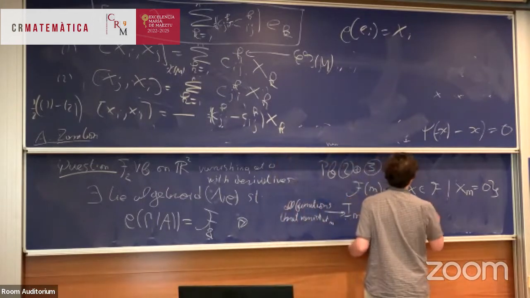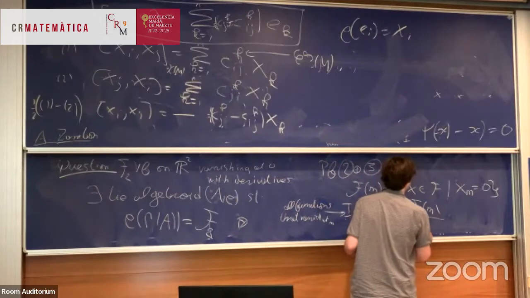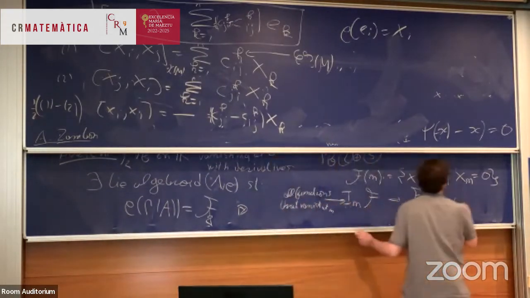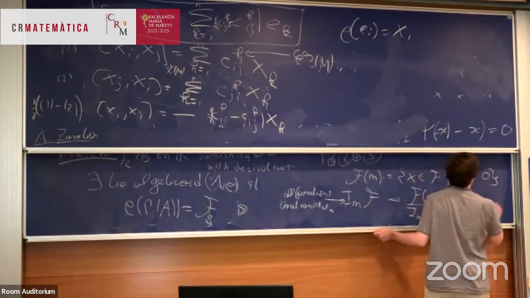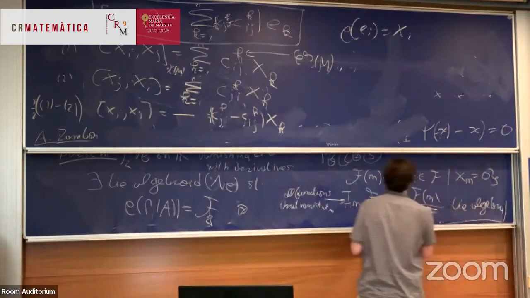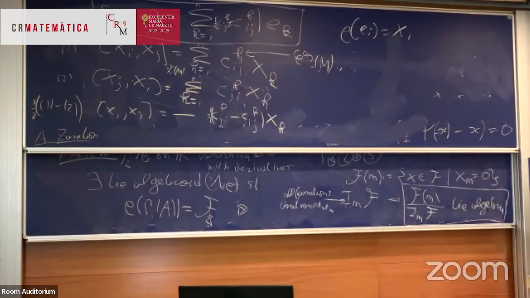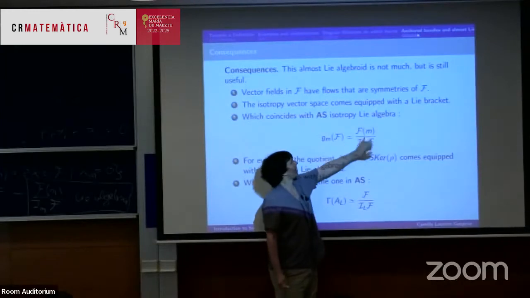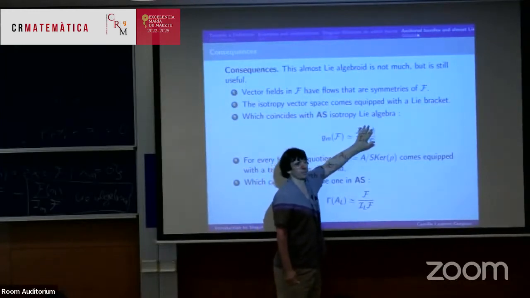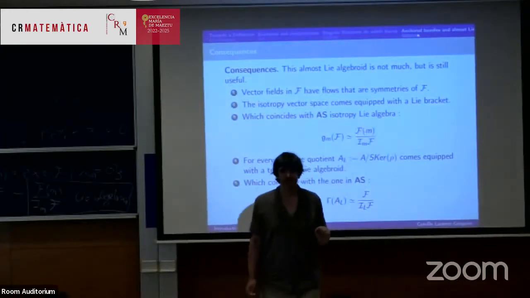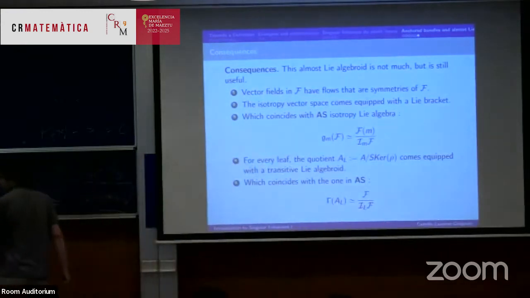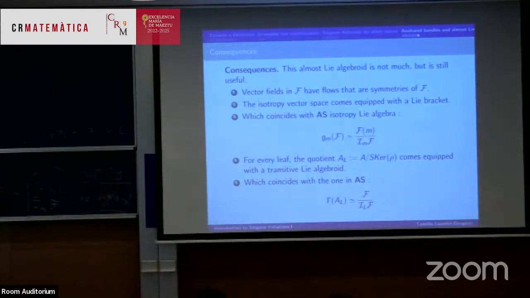So the quotient space is a Lie algebra. And it's not even hard to check that this vector space, in fact, as a Lie algebra, is canonically isomorphic to this quotient. Okay? And it is the original definition in the Androulidakis-Skandalis article.